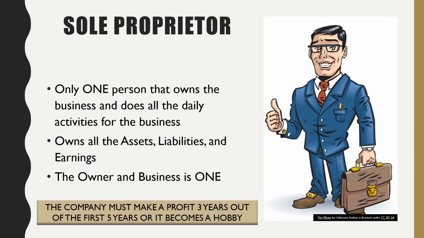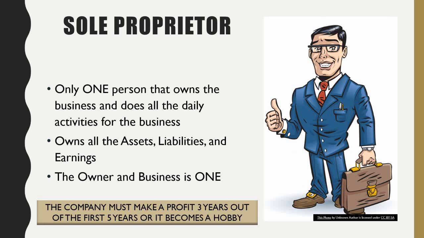Again, anybody can say, I own my own business. No, there's a lot more logistics than that. You need to invest money into your own company. You need to apply for a business license. But if you're using that to take advantage of your own taxes, just know that you need to make a profit at least 3 years out of the 5 years, or else the IRS is going to see that as a hobby.